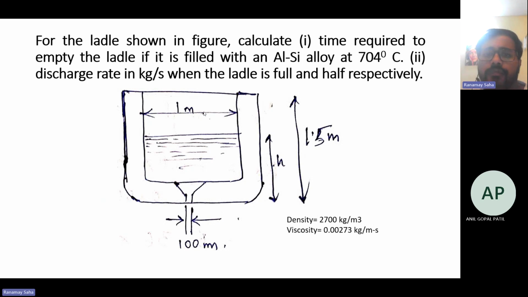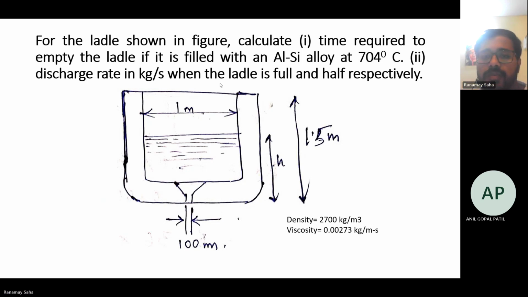The ladle is filled with LSI alloy at 700 degrees centigrade. Find the time required to empty the ladle if it's filled with LSI alloy at 740 centigrade. Again, you have to find the discharge rate of this particular nozzle in kg per second.